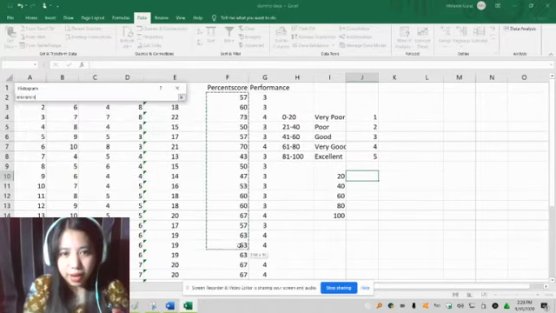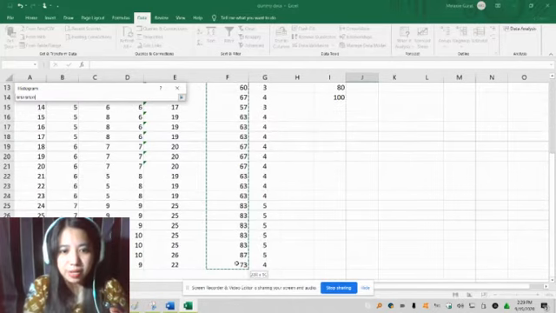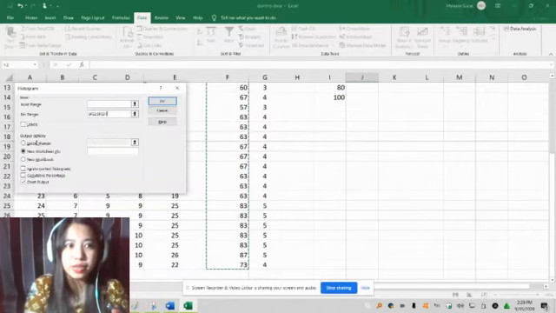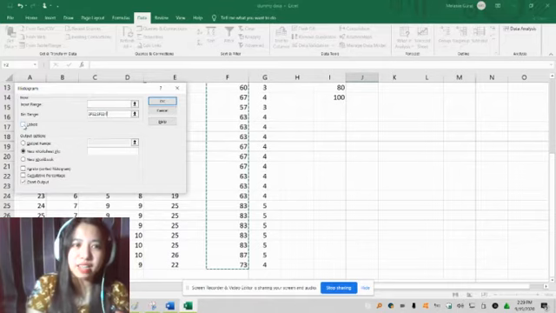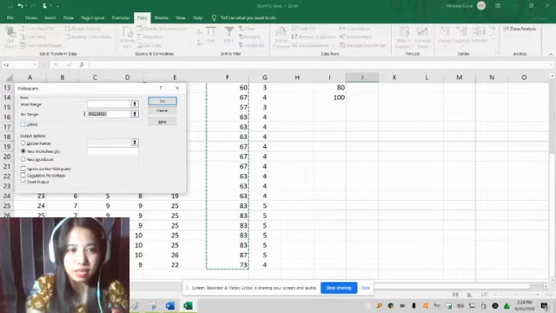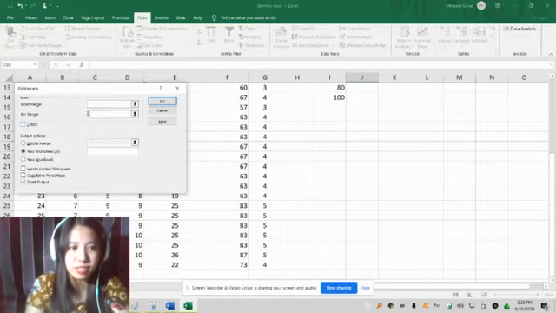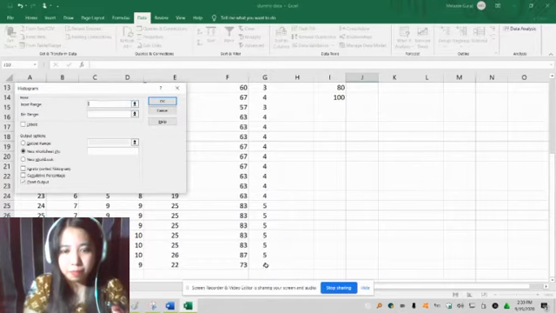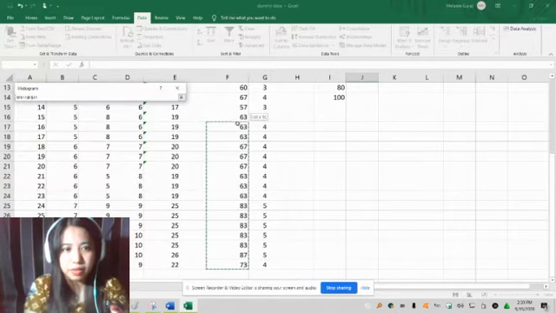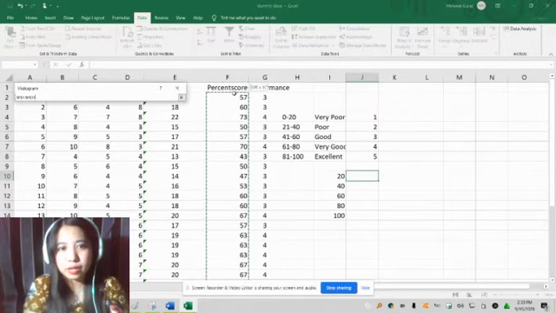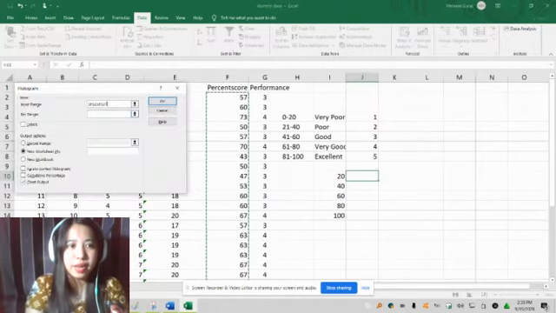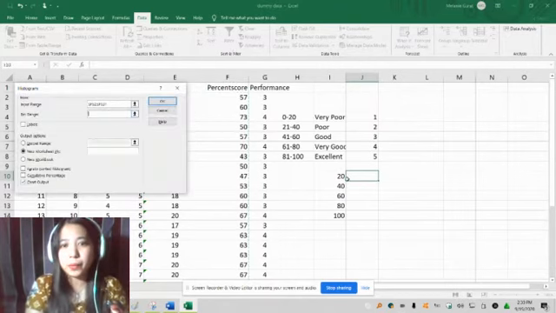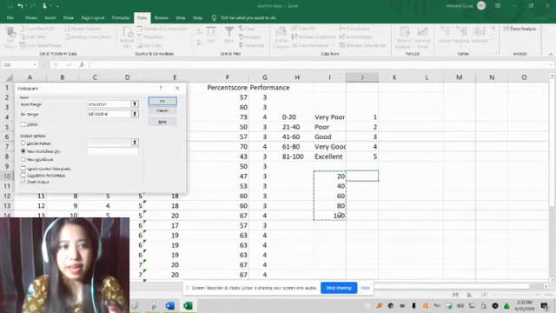If I select the performance, I don't need to click the labels because I did not select the labels. Let's do that again. I use the percent score. And then the bin range corresponds to the upper limits that I encoded. So what you need to do is to select this.